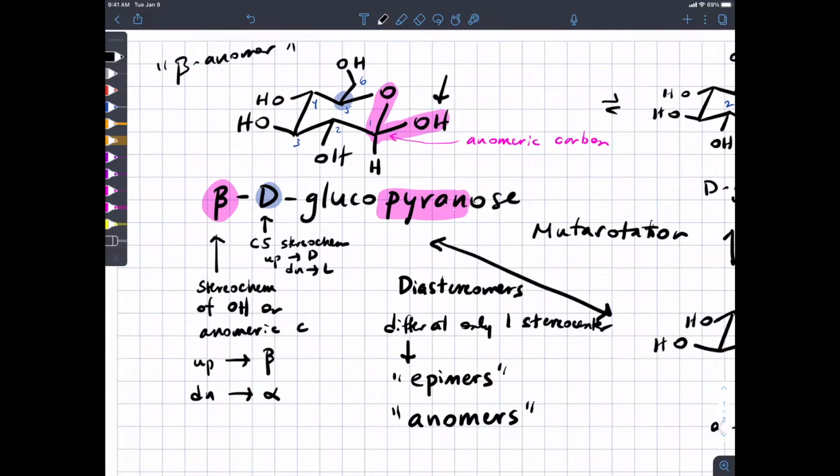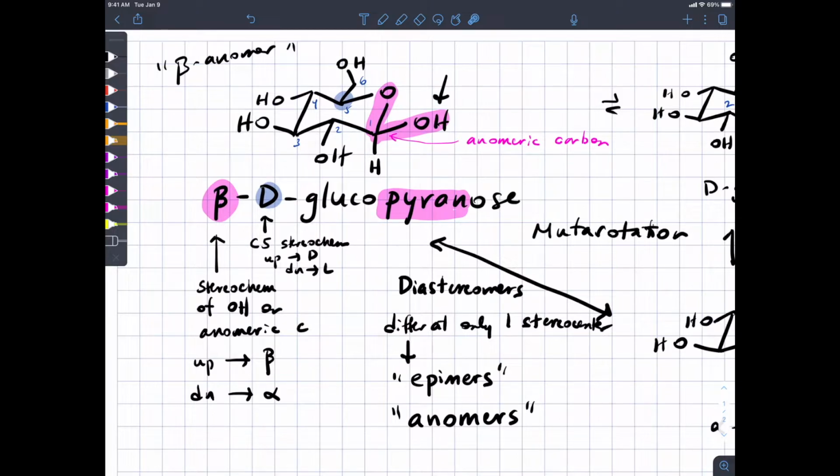It actually has nothing to do with whether or not the sugar rotates light in a left-handed versus right-handed direction. So that's confusing. And you can't assign it in an absolute sense. It's always by analogy to a particular isomer of glyceraldehyde or something like that. So it's not particularly important, but when it says D, the group on carbon 5 is up.